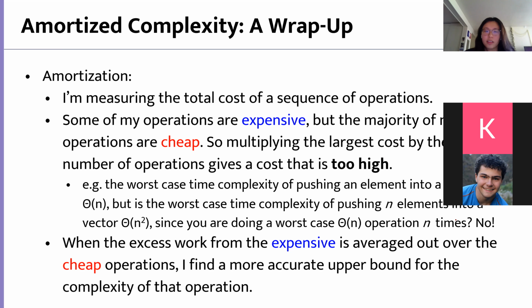So looking at the most expensive operation is too pessimistic, and that's why we use amortized complexity, this idea of averaging out the expensive operation over the cheap operations to get a more realistic idea of how our code is actually going to run.